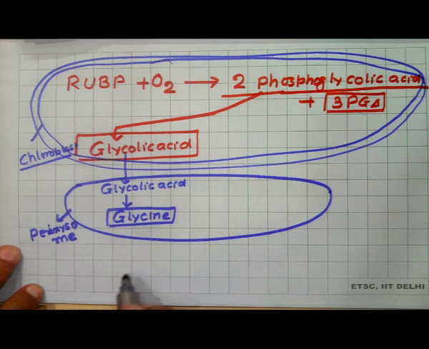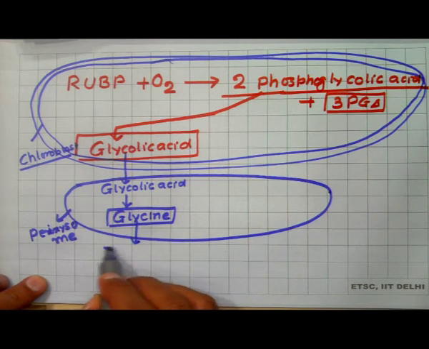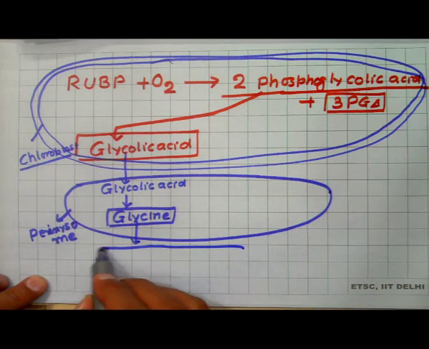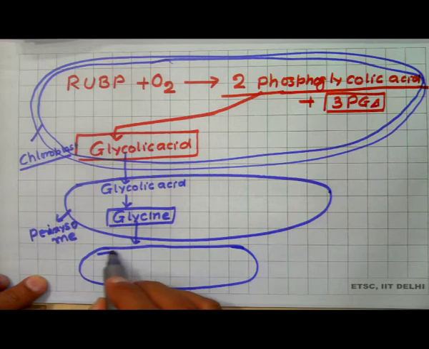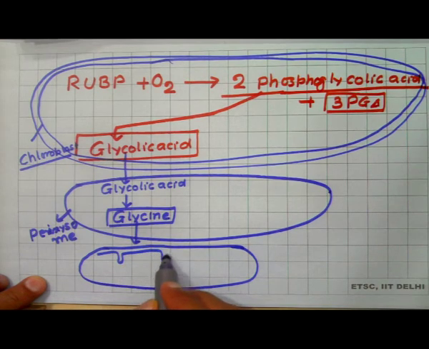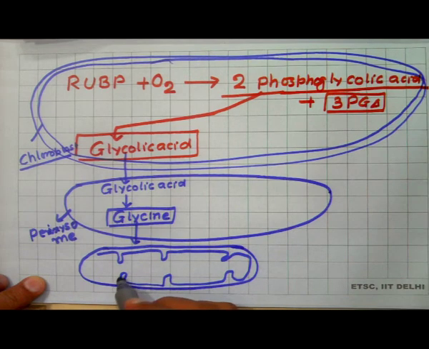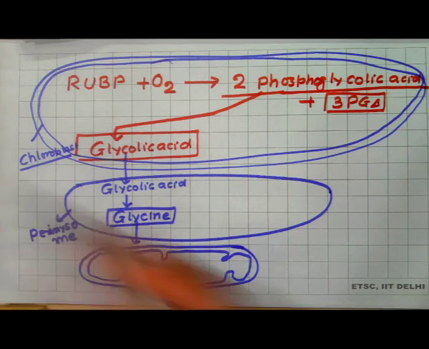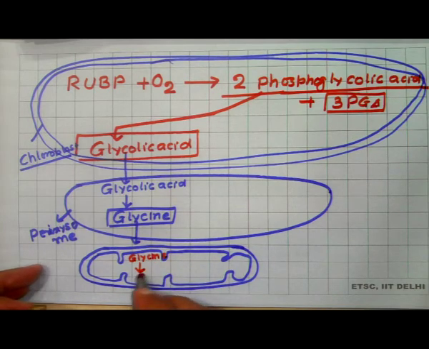Now, this glycine is transferred to the mitochondria. Mitochondria we have already known, in cytology this is called powerhouse of the plant. This glycine reaches the mitochondria, and here it is converted into serine.